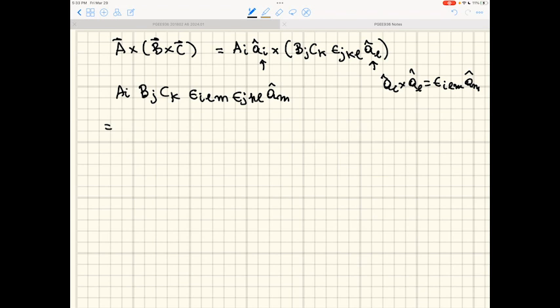Now, it's important to notice that those two Levi-Civita symbols have a same factor L in common. It means that this product can only be non-zero if the other indices are kind of equal. Let's see in what conditions, right? So we want to look at this product here.